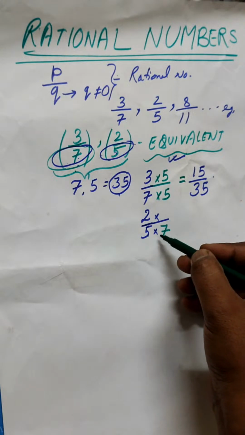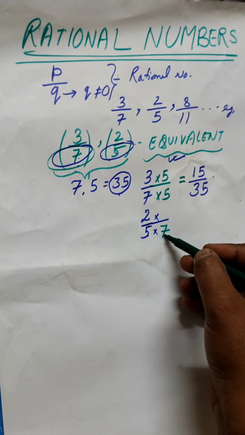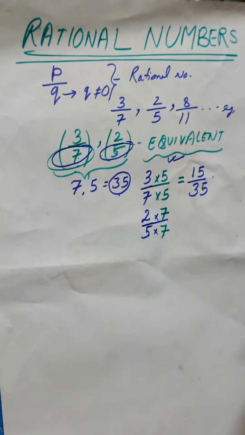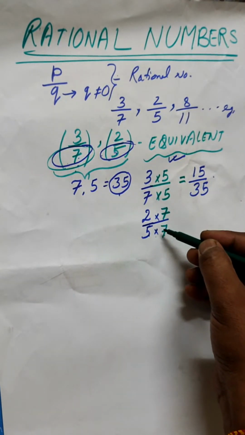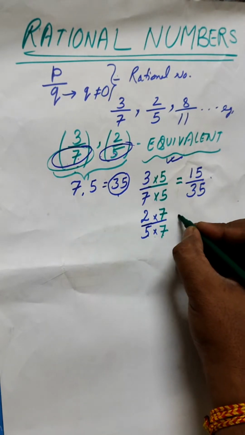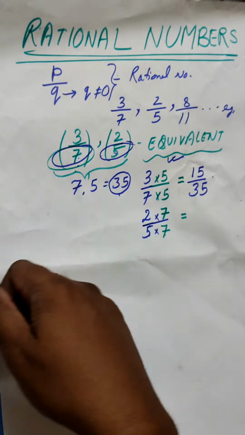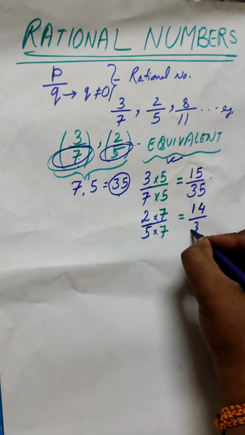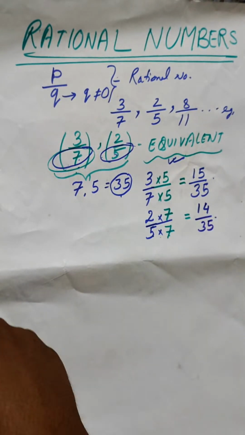When you multiply the denominator of any fraction by a number, you need to multiply the same number into the numerator also. Then only it will be equivalent. The fraction will be the same, the value will be the same. So now it becomes 14 by 35. So this is very simple.